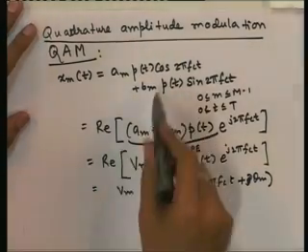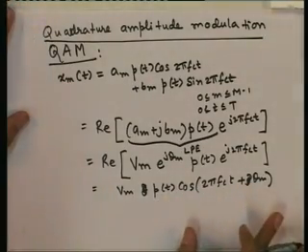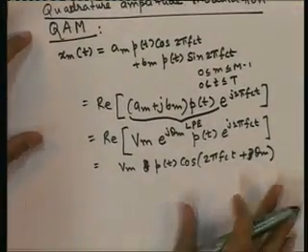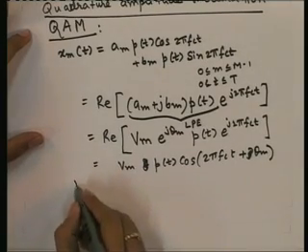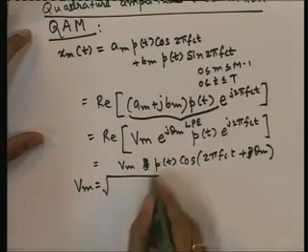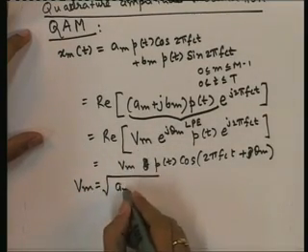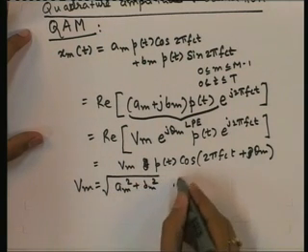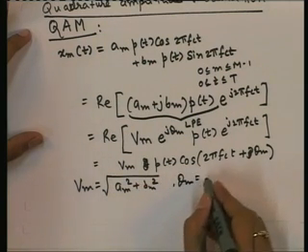So this signal can be expressed in this form also. Obviously here V_m is the magnitude of A_m plus j B_m, and theta_m is the phase.